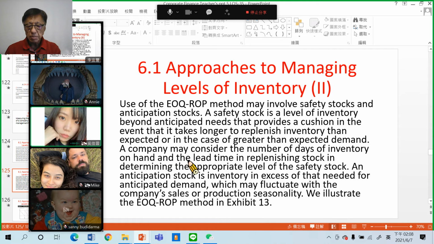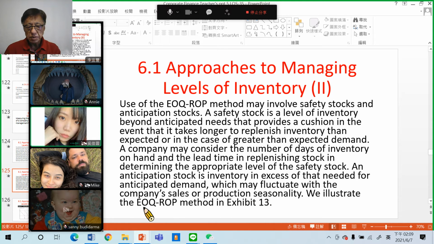A company may consider the number of days of inventory on hand and the lead time in replenishing stock in determining the appropriate level of the safety stock. An anticipation stock is inventory in excess of that needed for anticipated demand, which may fluctuate with the company's sales or production seasonality.